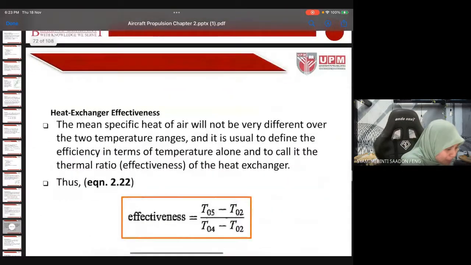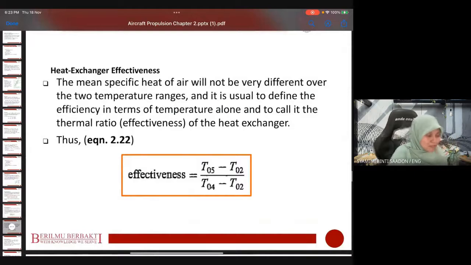Okay. And then the mean specific heat of air will not be very different over the two temperature ranges. Thus we have this equation 2.24. We just cancel out the mass and CP if the specific heat is constant and the mass stays the same.